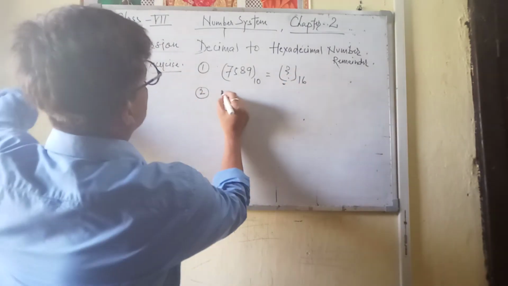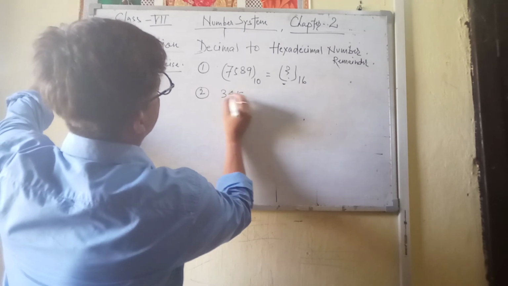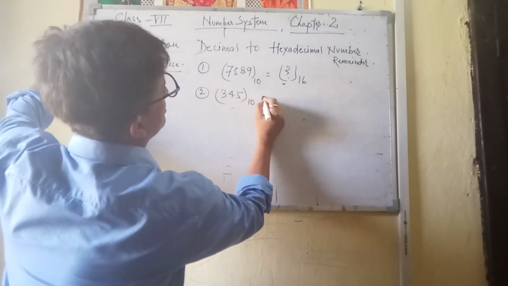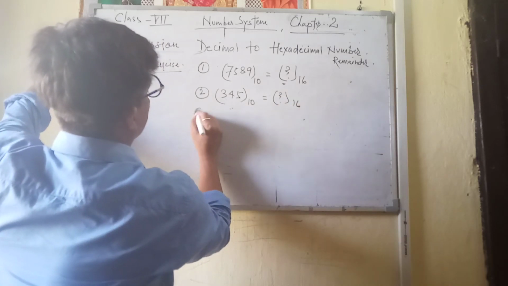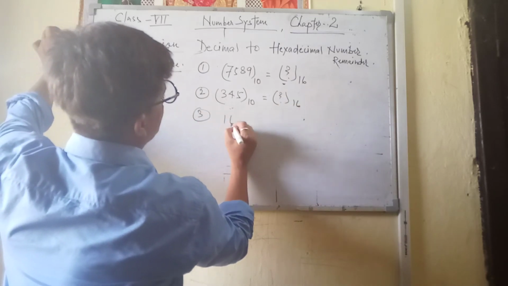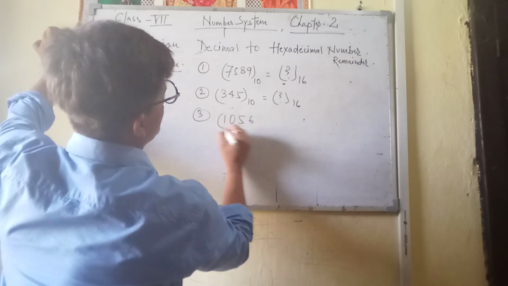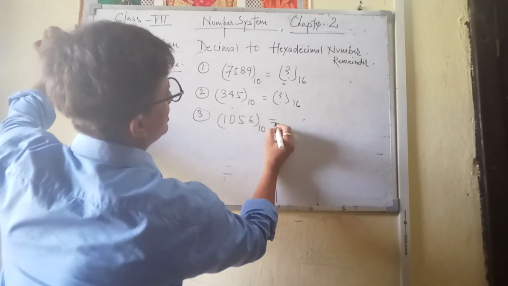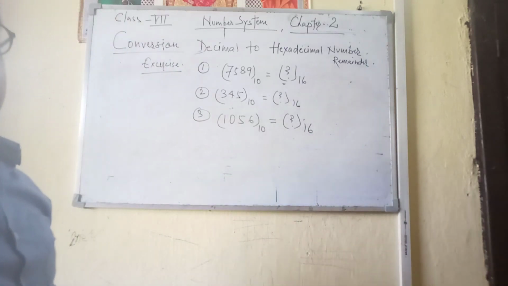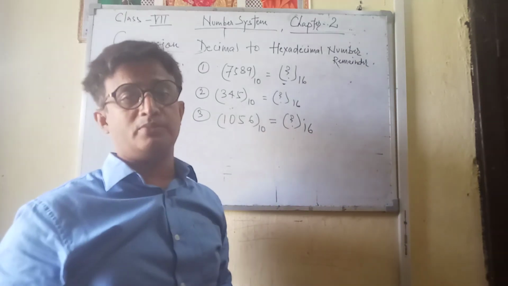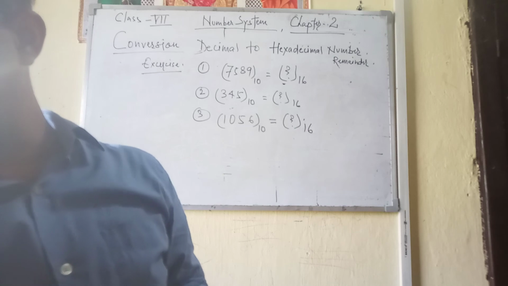Number 2: 345, convert it into hexadecimal. Number 3: 1056 base 10, convert it into hexadecimal. Only 3, unless they are given in your books, you can do them yourselves.